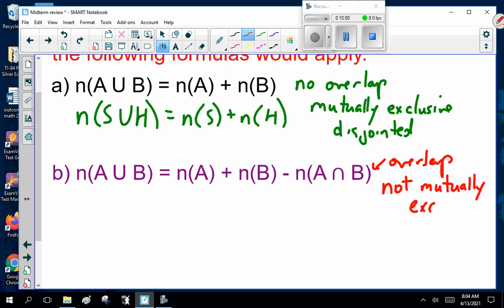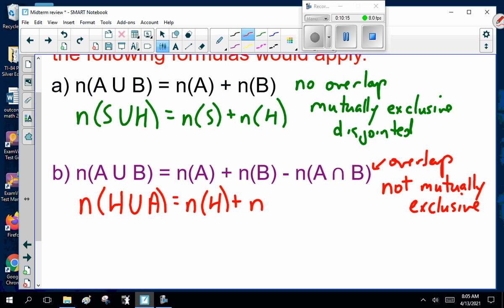So this would be number of hearts and aces. Number of hearts plus number of aces minus number of hearts that are aces. So you have 13 hearts, 4 aces, but you've got 1 heart that's an ace.